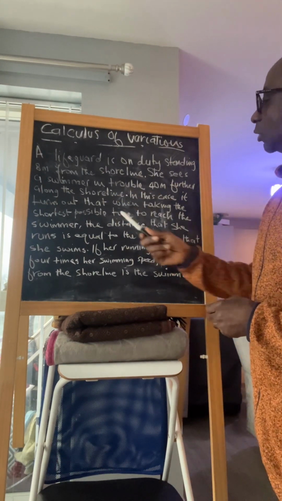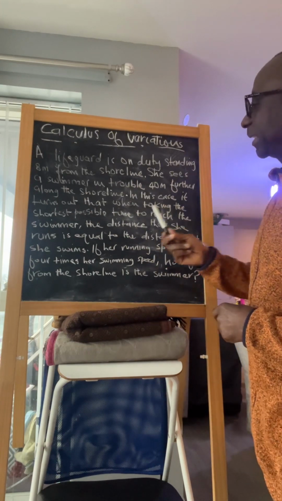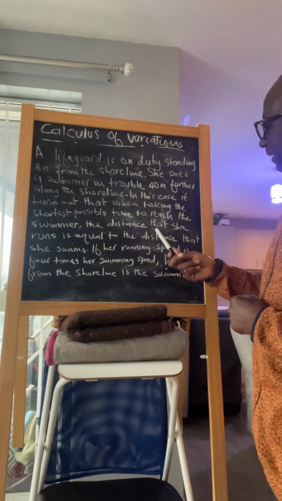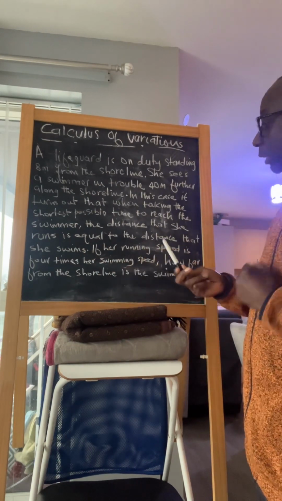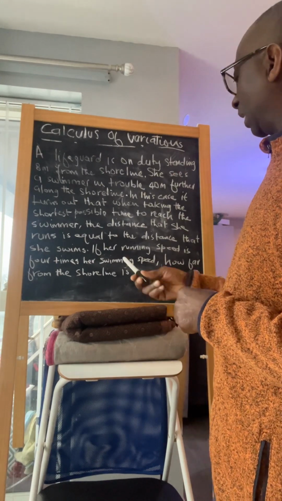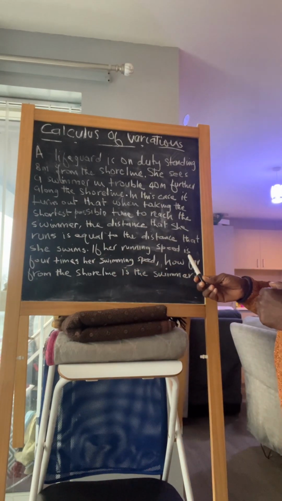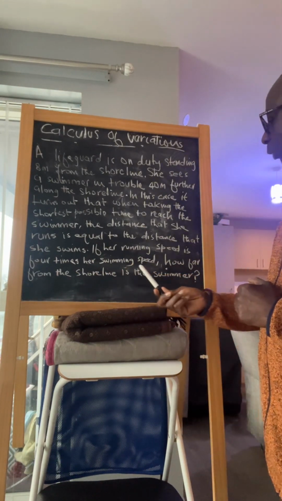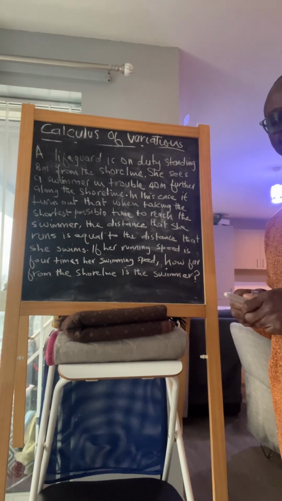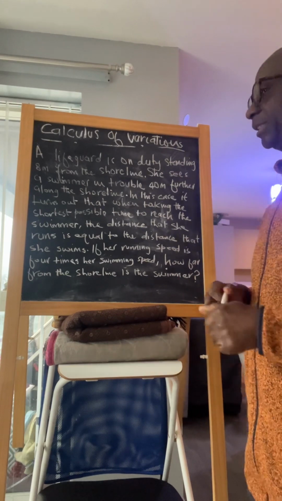In this case, it turns out that when taking the shortest possible time to reach the swimmer, the distance that she runs is equal to the distance that she swims. If her running speed is 4 times her swimming speed, how far from the shoreline is the swimmer? This is the question. Very interesting question.